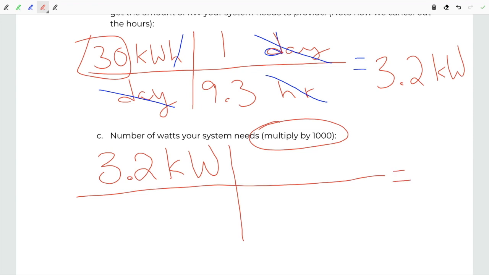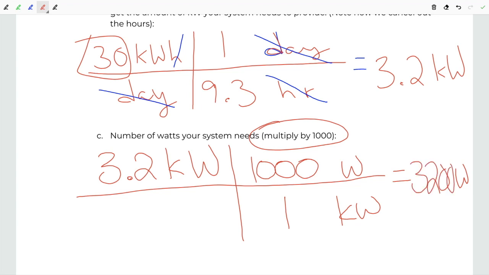We want our final unit to be in watts, so we need watts up top, and we need to cancel kilowatts on the bottom. And so we can just go look up this conversion, and 1,000 watts is in 1 kilowatt. So we just get 3,200 watts is what our system needs to produce.